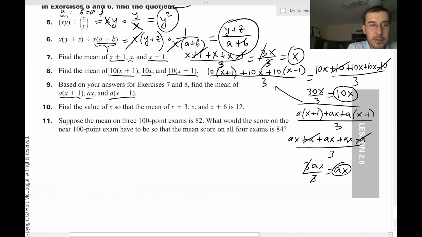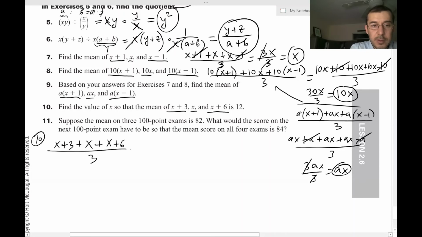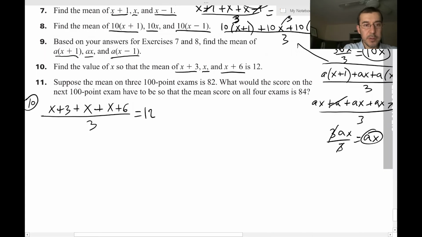And number 10, find the value of x so that the mean of this, and this is 12. So let's do it here. So x plus 3, this is number 10. x plus 3 plus x plus 6 over 3 numbers. The mean is 12. Find x. So x plus x is 3x. 3 plus 6 is 9, plus 9 over 3 equals 12.